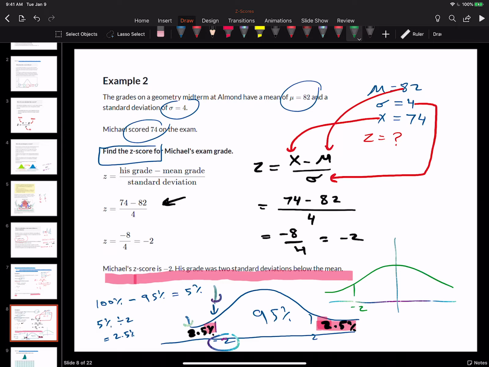We have 95 plus 2.5%, which is about 97.5% above him. And we are looking at this portion only below him, which is about 2.5%. Hopefully that helps.